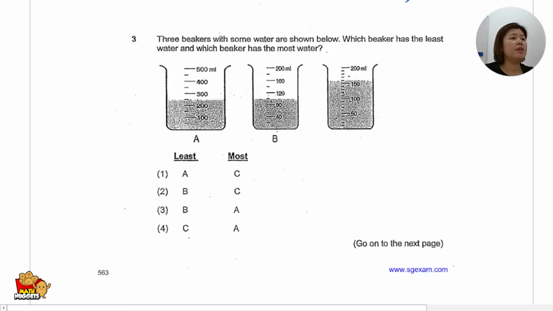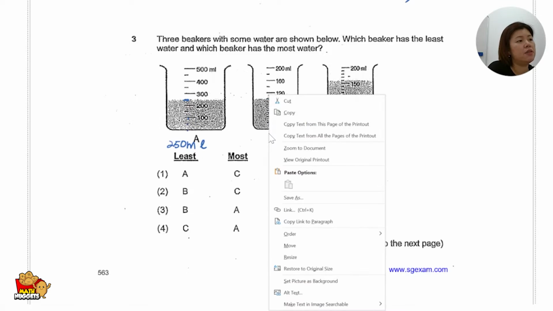Next, 3 beakers have some water inside. He's asking which one is the least amount of water and which one is the most amount of water. So let's find the measurements. The 0, 50, 100. So this one is 250. This one is, let's try 20, 0, 20, 40, 60, 80, 100.